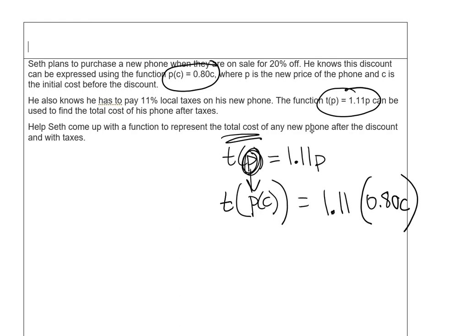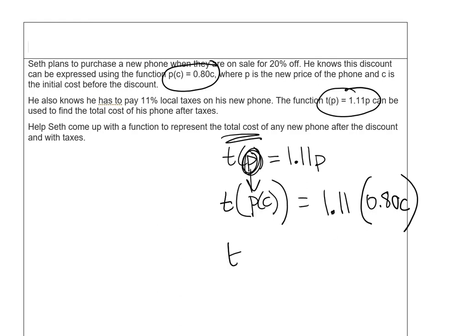And by doing this, we're representing the total cost of the new phone after the discount, because the discounted price is 0.8C, and with taxes, because we're using the function that represents the total cost after taxes, but instead of just using P, we're using 0.80C to represent the price after the discount.